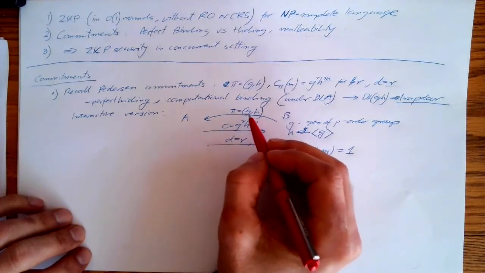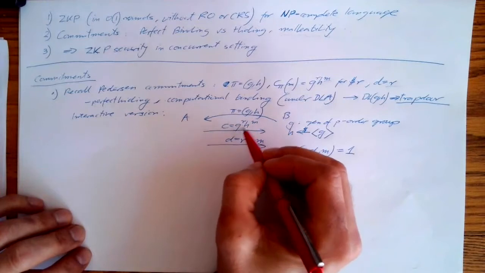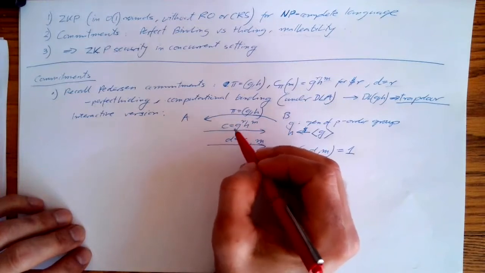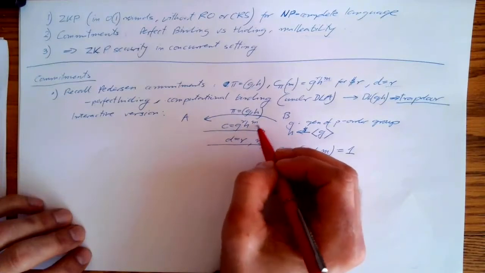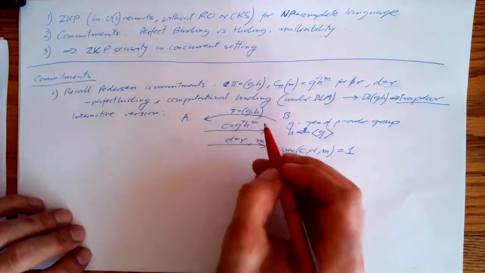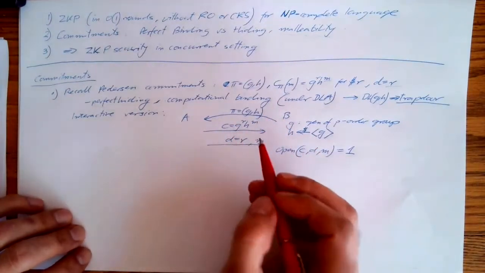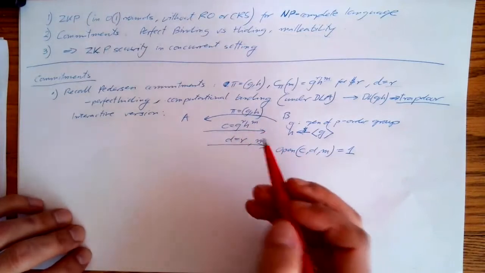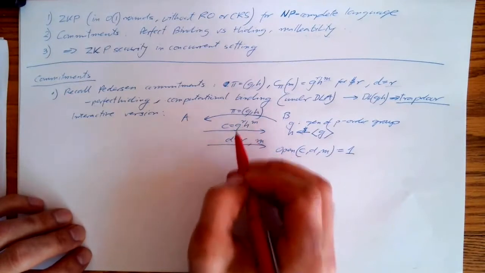Perhaps this guy generates a very small subgroup, while this guy generates a large subgroup, in which case everything created this way belongs to the small subgroup and does not mask fully that value. In fact, in the RSA setting, many times this has been proposed by somebody who overlooked this, and it actually is insecure.